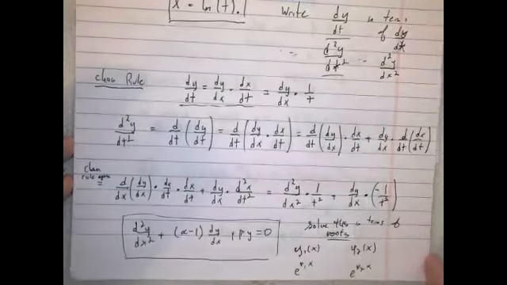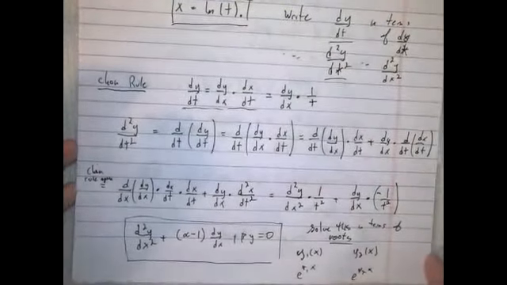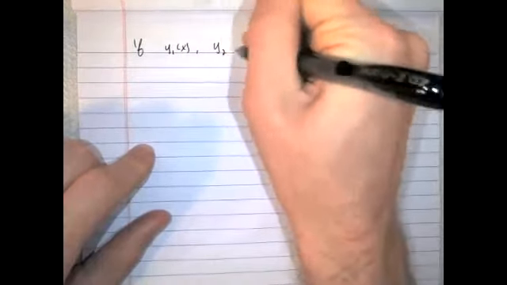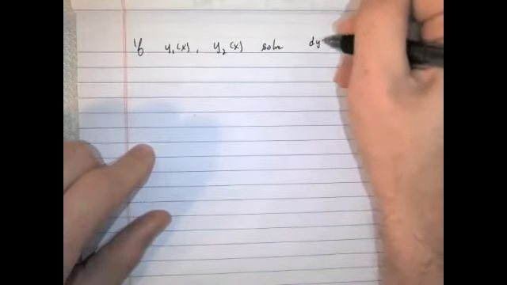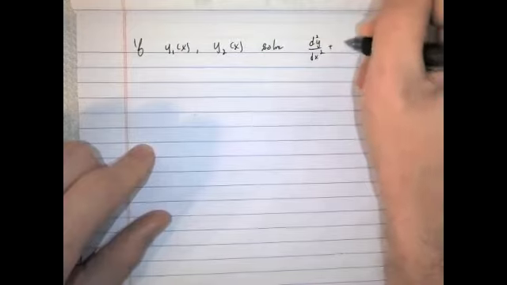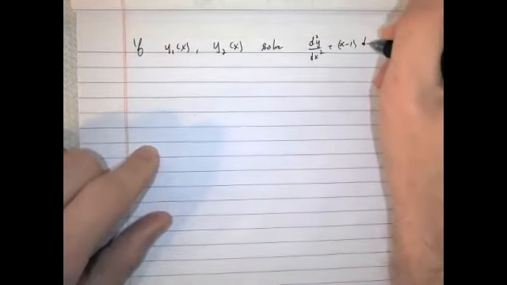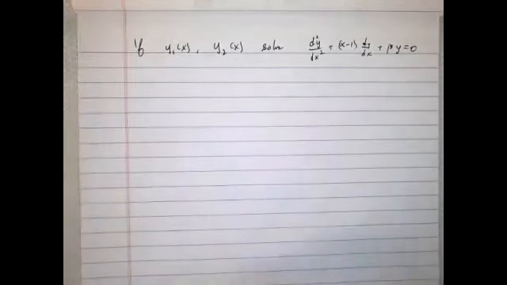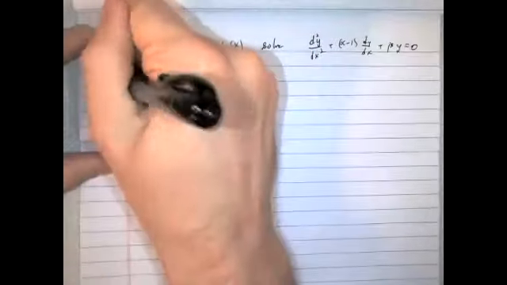And then the last point that I want to mention is, now I have to do new things. If y1 of x and y2 of x solve the differential equation d squared y over dx squared plus alpha minus 1 dy over dx plus beta y is equal to 0, how can I recover solutions for the initial differential equation?